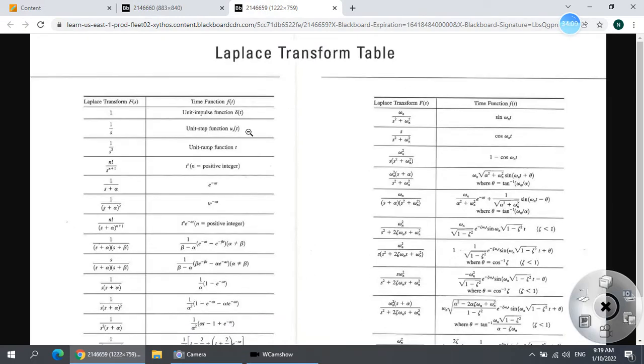Okay, this table gives us a list of signals and their Laplace transforms. You can see here, this is a time function f of t. Here is the Laplace transform F of s. We have these two columns, and this side is also 2 columns. Then 1 over s is related to the unit step function u of t.